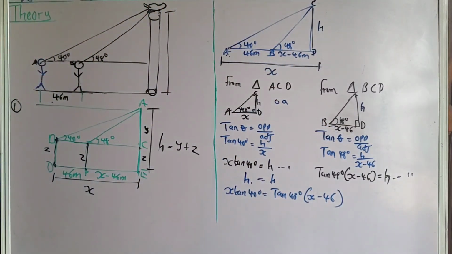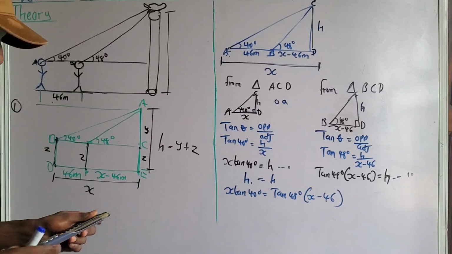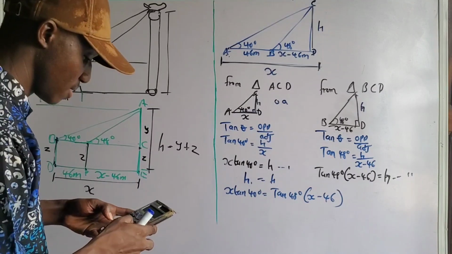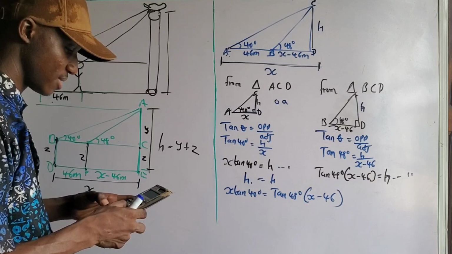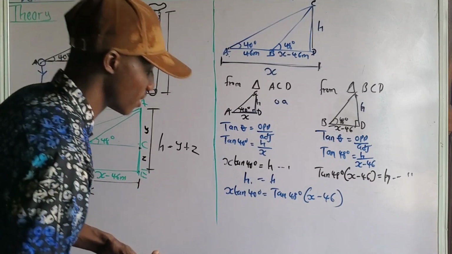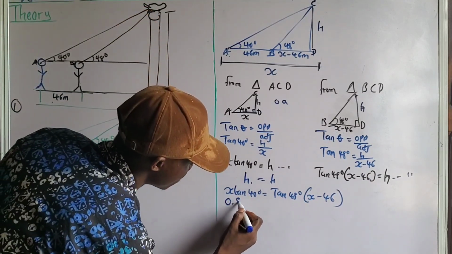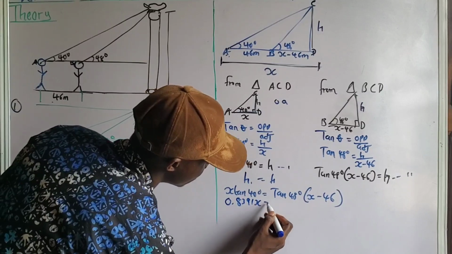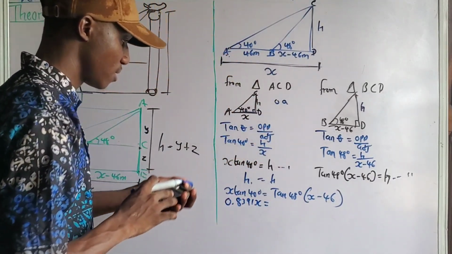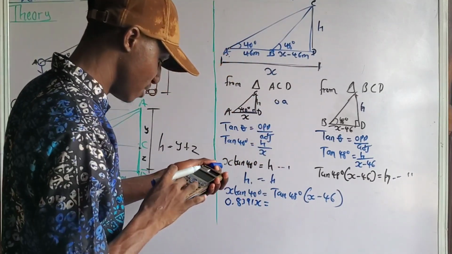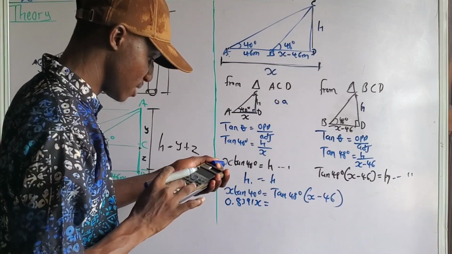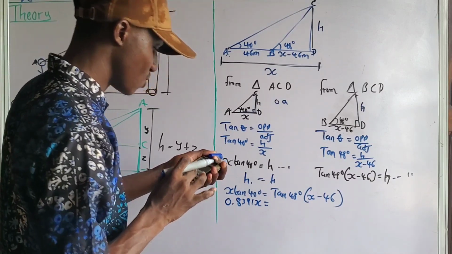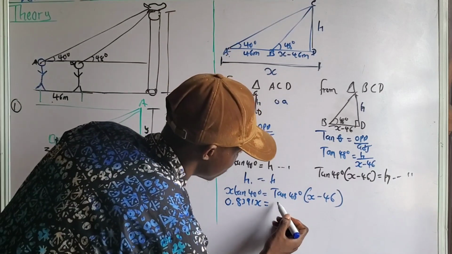Now we can solve for the value of x, right? Tan 40 degrees is 0.8391, so I'm going to have 0.8391x equals, now tan 48 degrees is 1.1106.